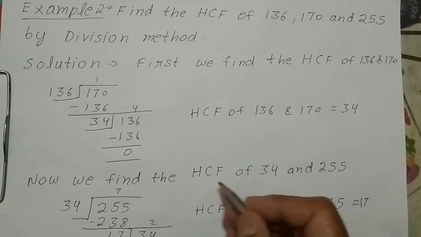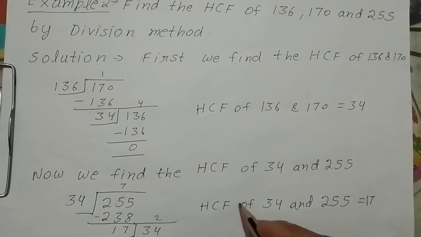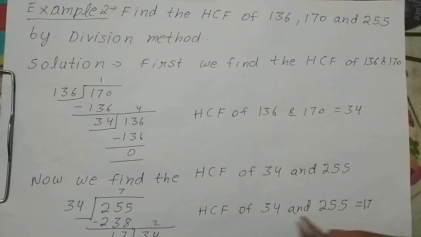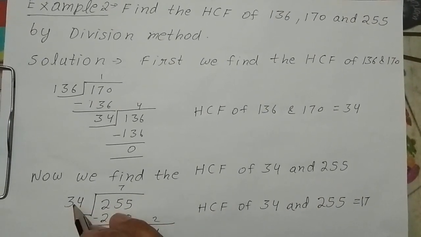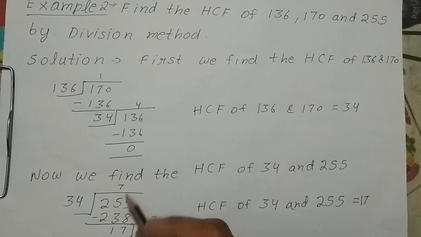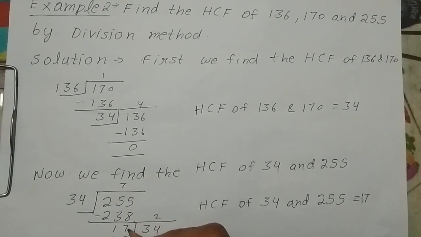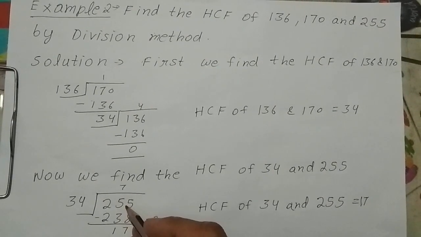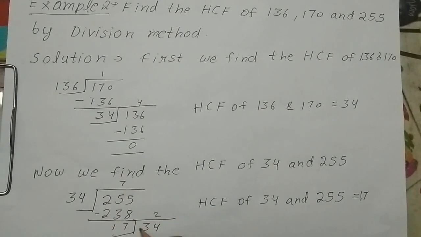Now we find the HCF of 34 and 255. 255 divided by 34: 7 times is 238, and the remainder is 17.